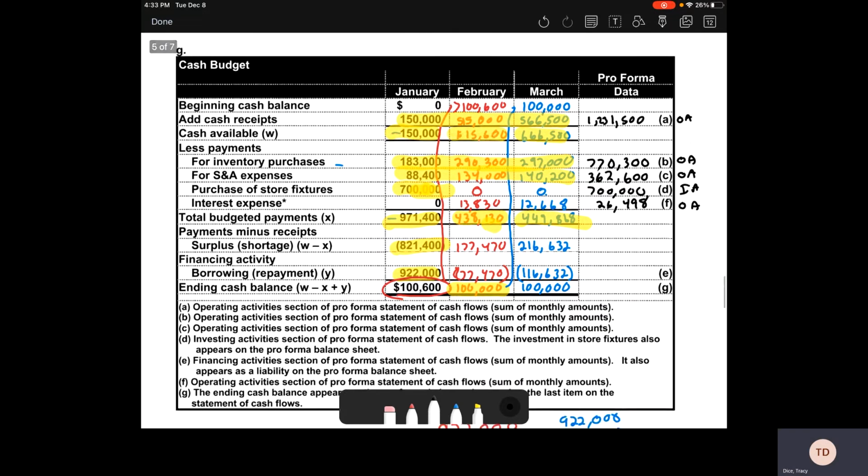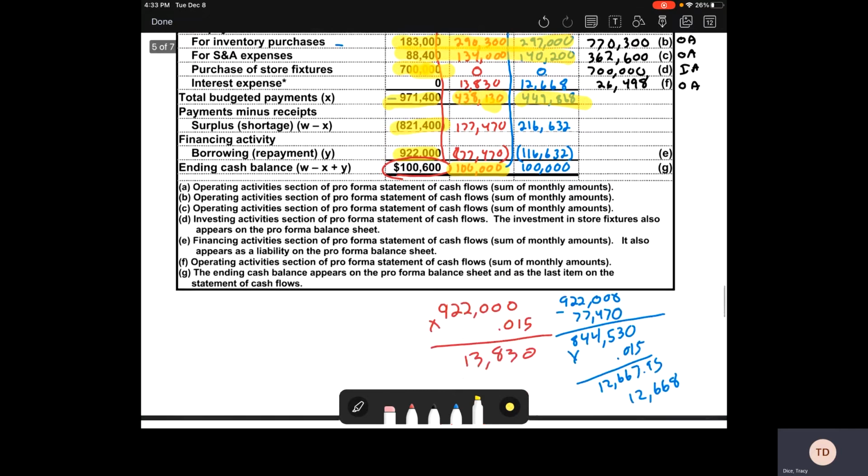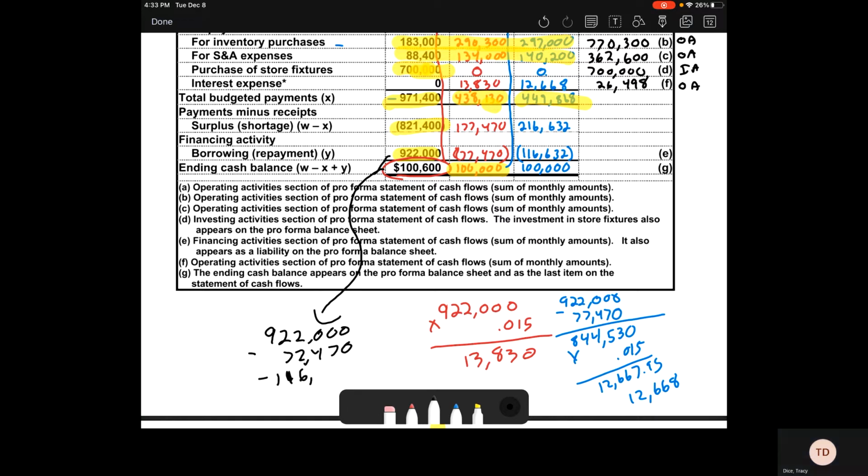All right, so then we need to figure out our financing, which is when we add up all of our borrowing and then subtract what we've taken out. So we take 922,000, subtract your 77,470, subtract the 116,632.